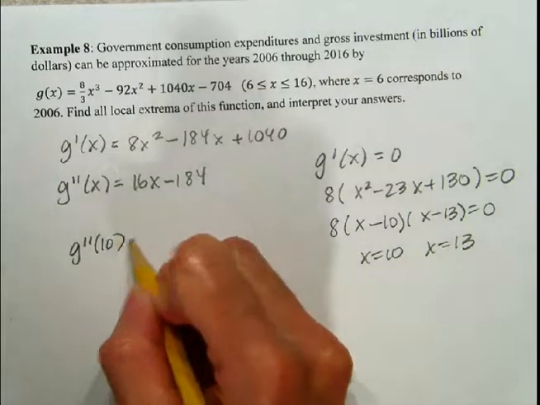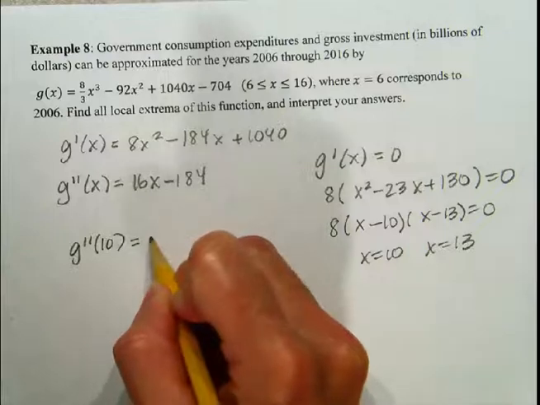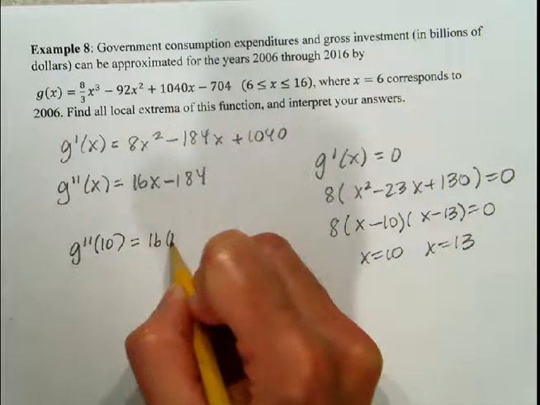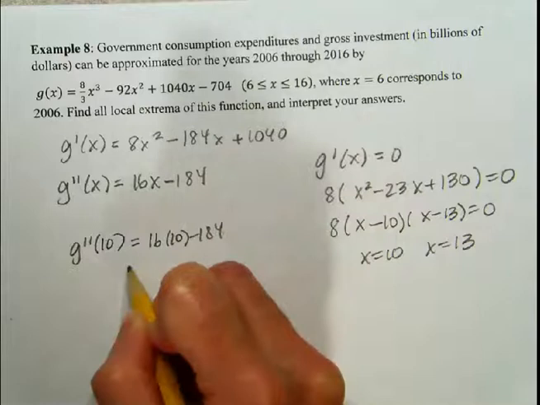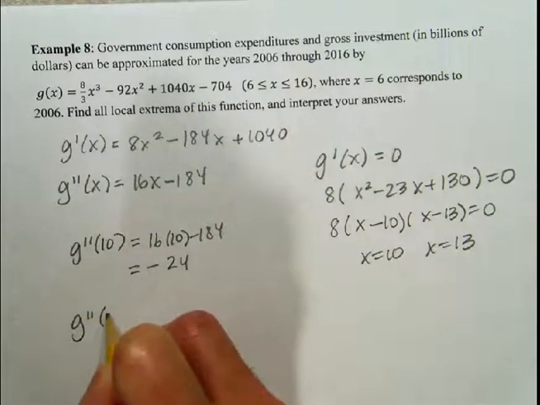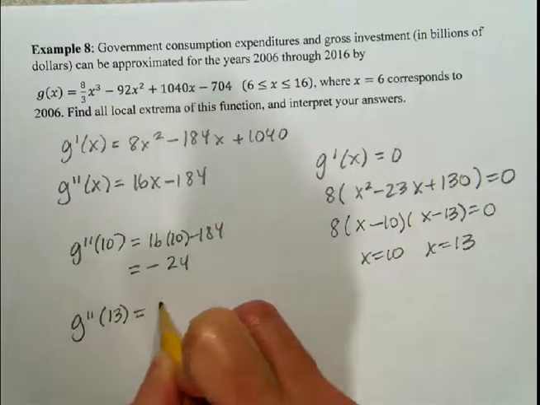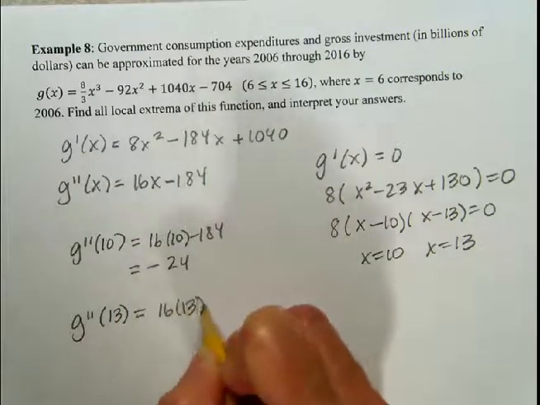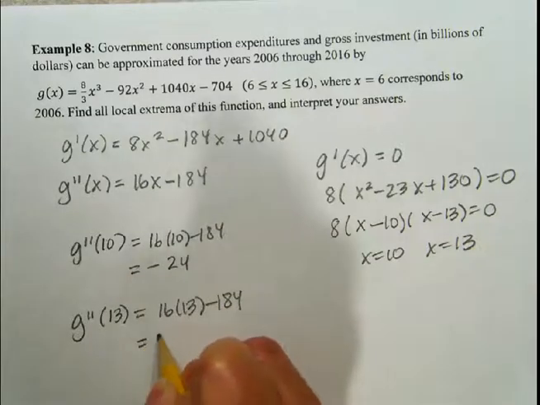I'm going to plug it in over here. The second derivative of 10 would give me negative 24. And then the second derivative of 13 gives me 24.